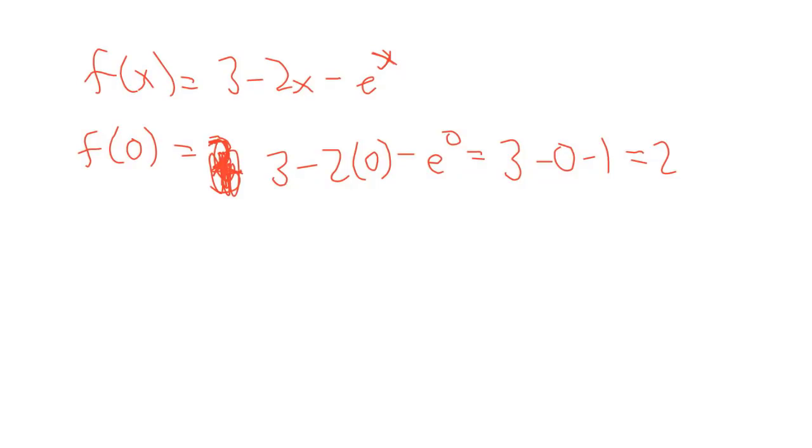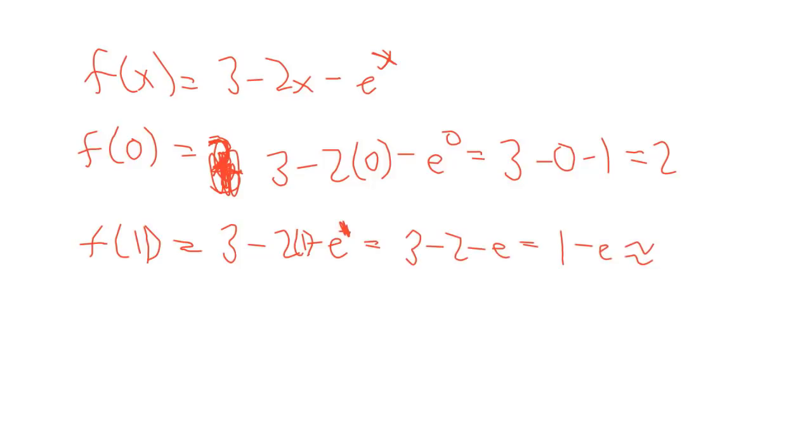And so f of 0, we plugged it in there, and then f of 1 is, like you said, negative. We'll get 3 minus 2 minus e, which gives you 1 minus e, which is approximately negative 1.72.